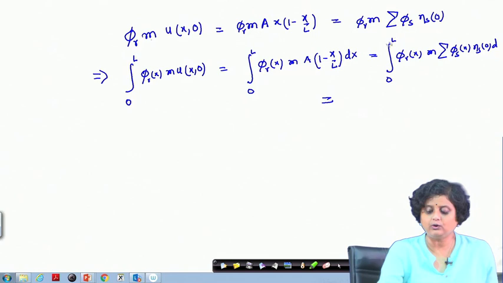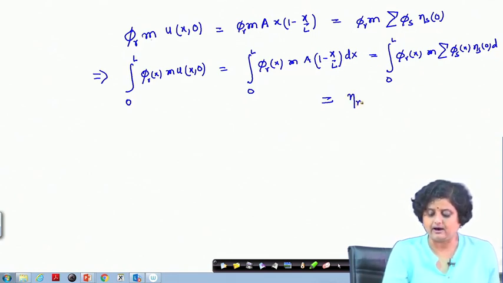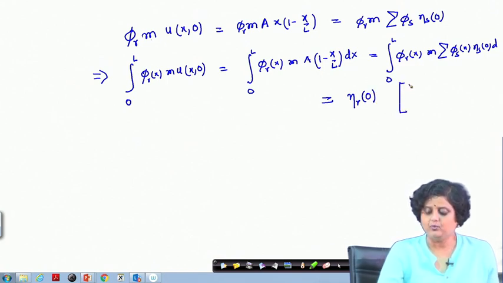Therefore, this whole integral is going to become eta r 0 provided my mode shapes are mass normalized, which they are. I know the mass normalized mode shapes.